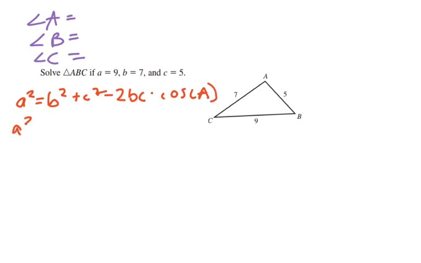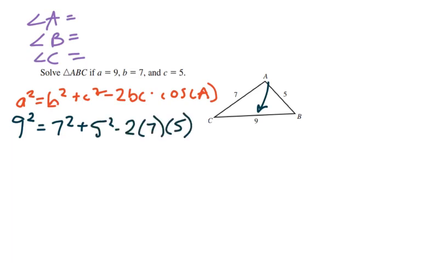And so, A squared is 9, and B, well, that doesn't look like a B because I erased the bottom. B is 7, so 7 squared, C is 5, minus 2 times 7 times 5 times cosine of A, since we don't know it. Alright.